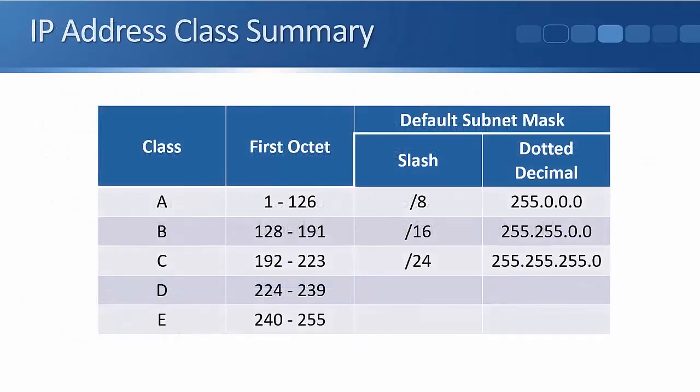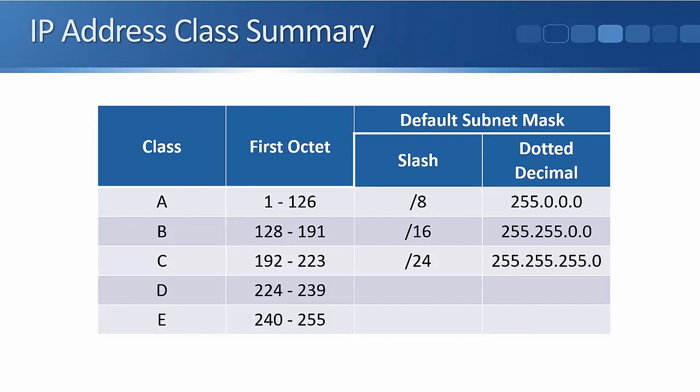Let's just have a look at a summary of the different classes before we move on. So Class A is 1 to 126 in the first octet. The default subnet mask is a /8. Class B is 128 to 191, and that defaults to a /16. Class C is 192 to 223, and that defaults to a /24.